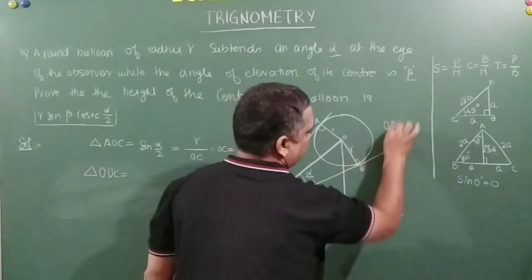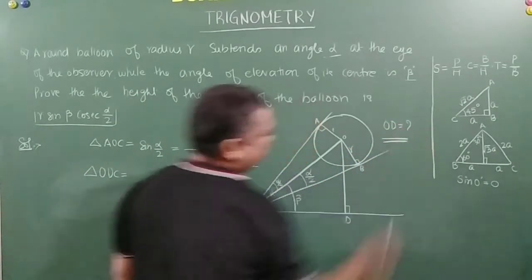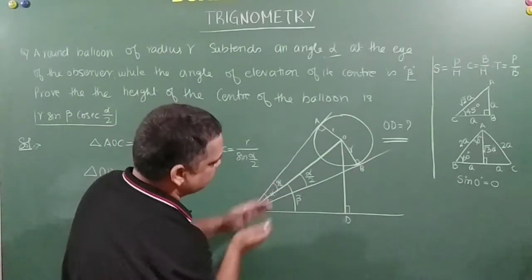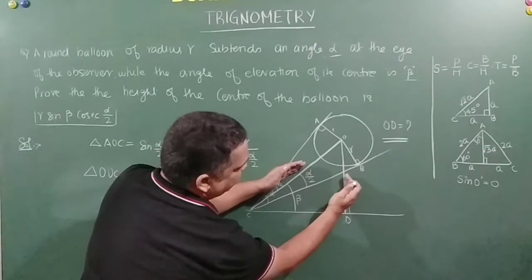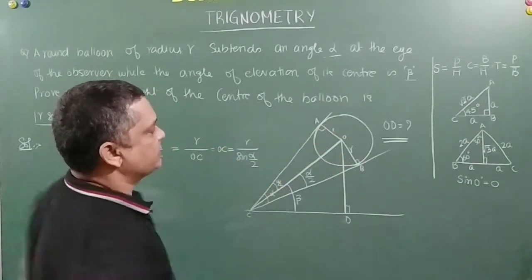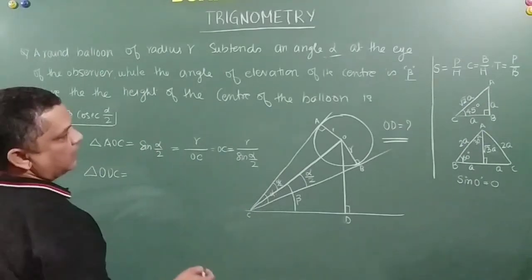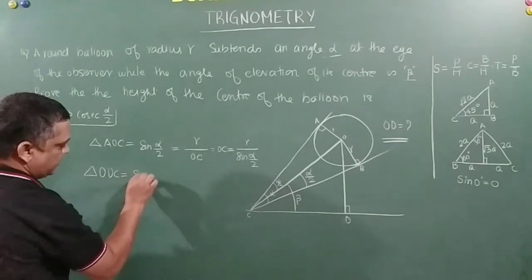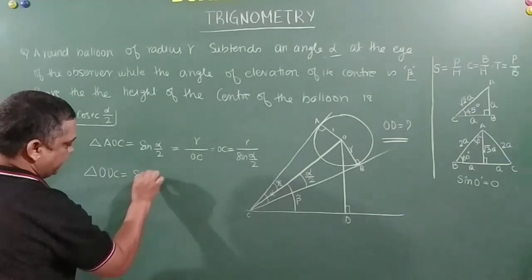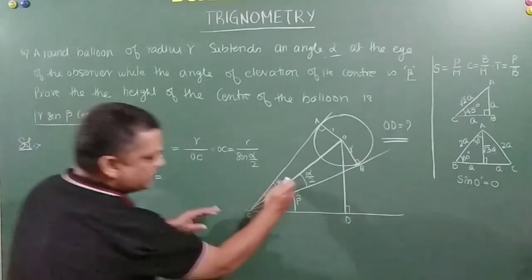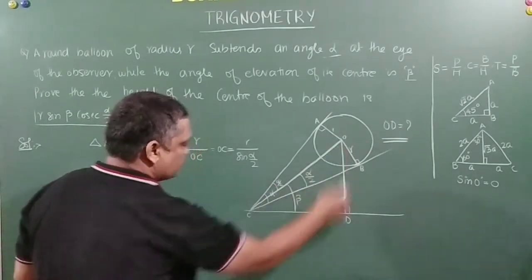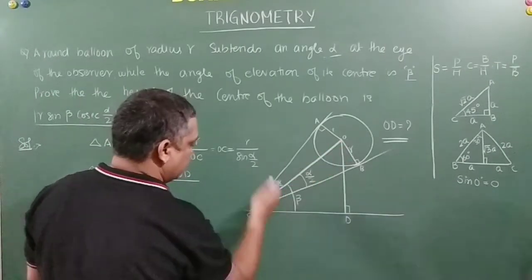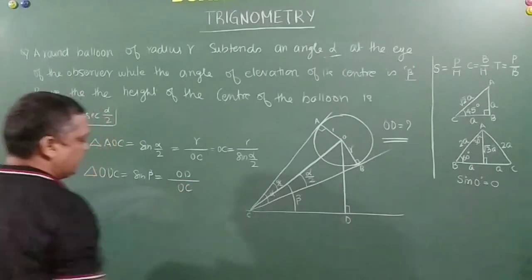OD is equal to what? Let us try to zero it down. OD is what we need to find out. So I need to write a trigonometric relation considering hypotenuse and perpendicular, sine again. So sine beta this time will be equal to perpendicular, that is OD, divided by OC, right?